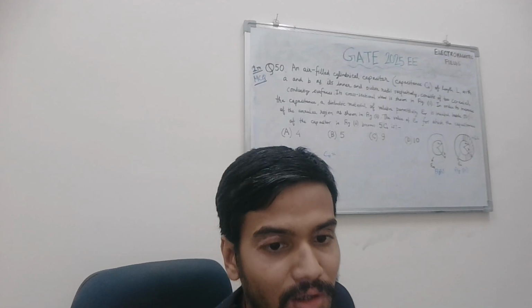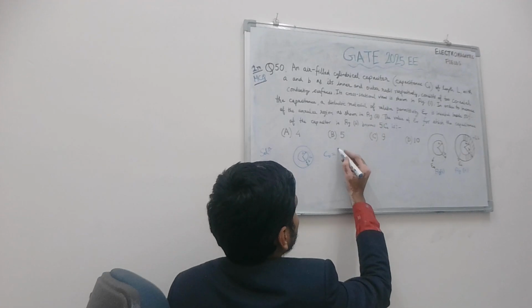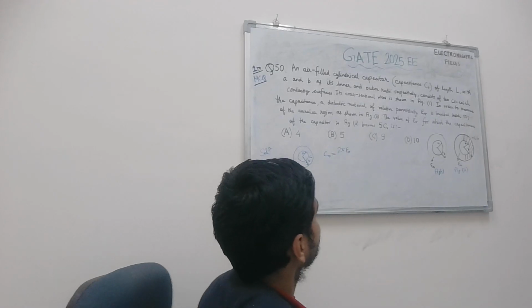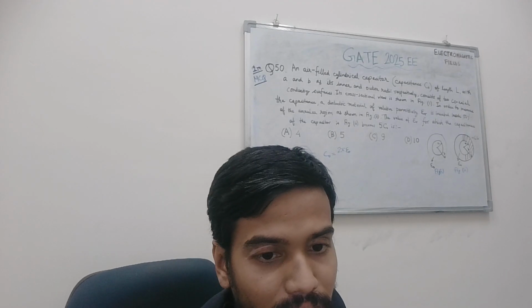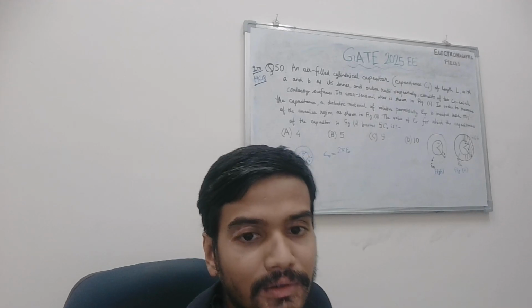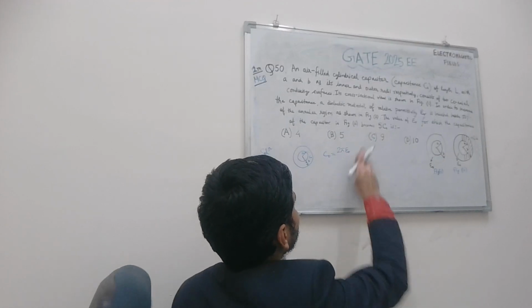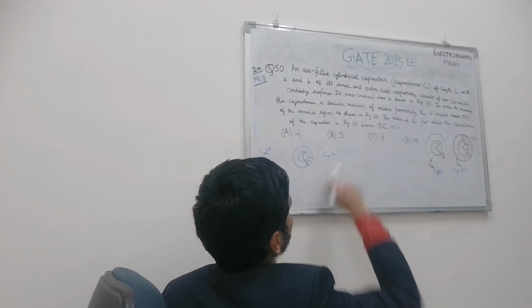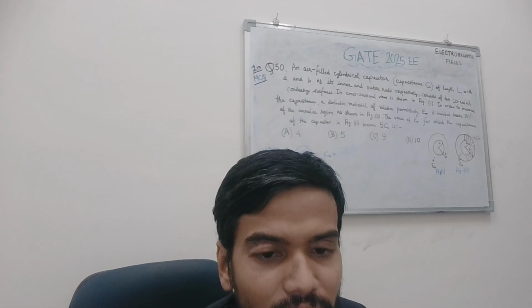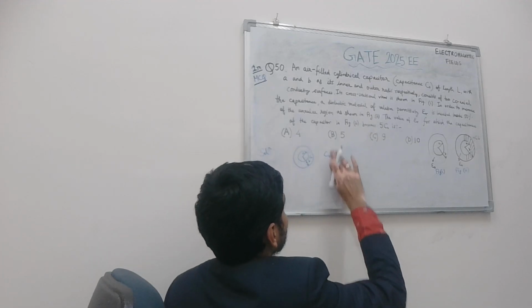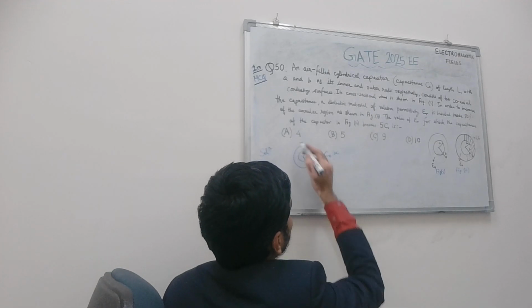2 pi epsilon naught. Let's not calculate C naught. We can calculate C naught also, but it is not required. It is not needed. So C naught, what you can say is directly proportional to this area.